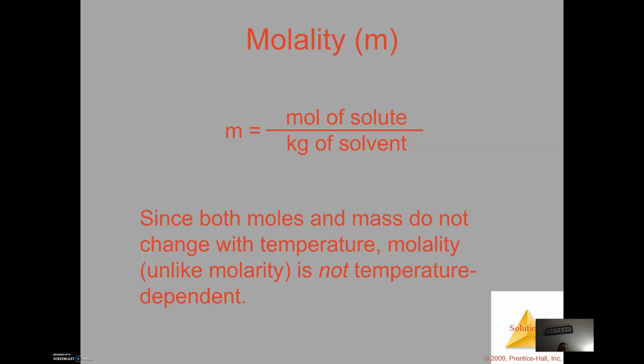So now, in order to figure out the molality, you have to first know the moles of solute. In this case, we can use the ethanol. So you have 1 gram of ethanol per 100 grams of water. We calculated the moles of ethanol to be 2.17 times 10 to the negative 2 moles.